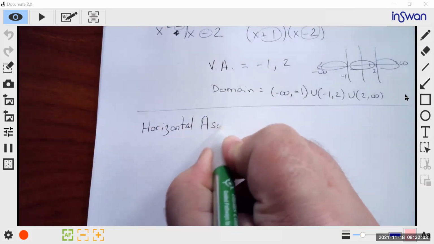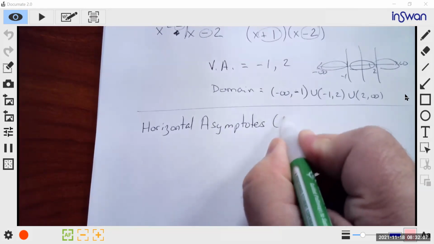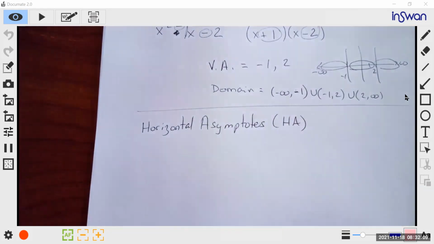Horizontal asymptotes, which I'll call HAs from now on.